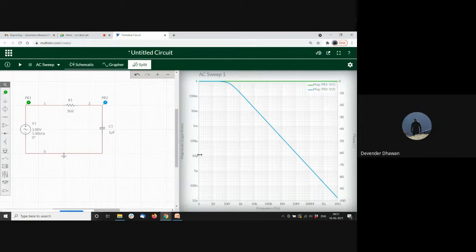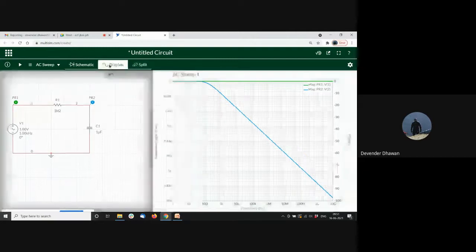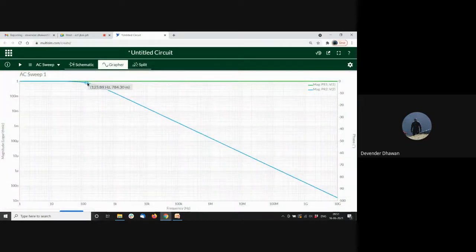How do we calculate our cutoff frequency? Cutoff frequency is basically the frequency at which the magnitude of the output waveform becomes 70% of the original waveform. That is how it is described. If I see this graph here, at this point the frequency is 158.49 hertz and the amplitude is 708.59 millivolts, so roughly we can say 0.7 volts.